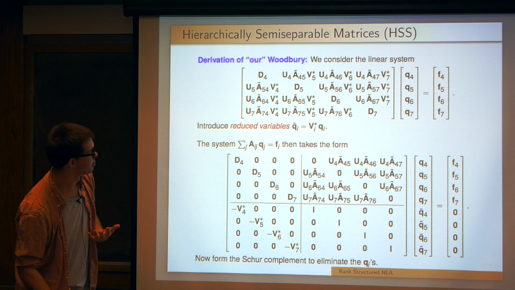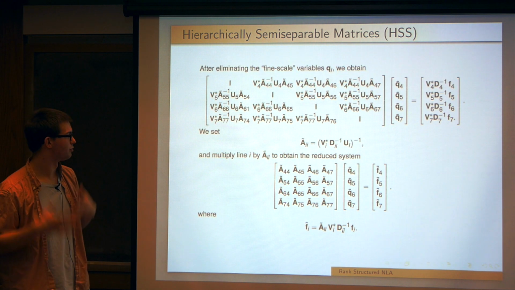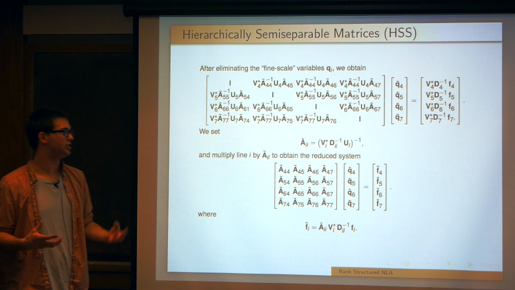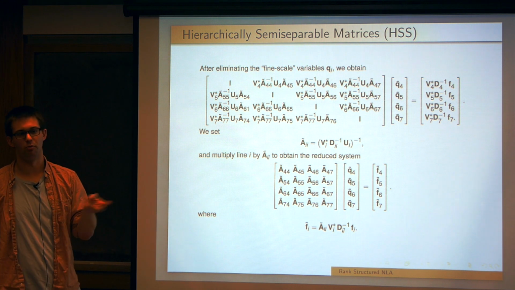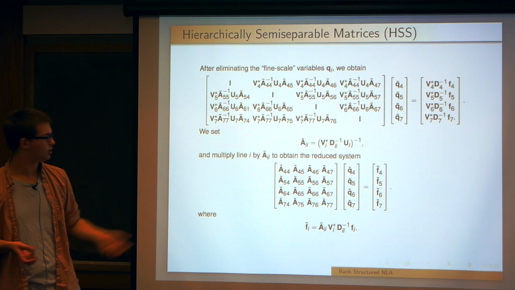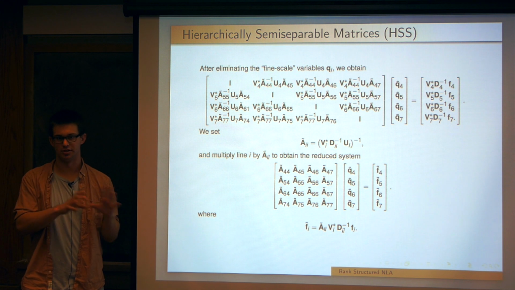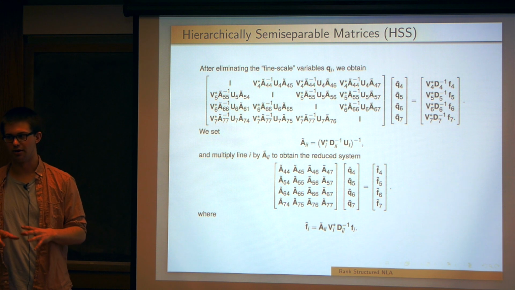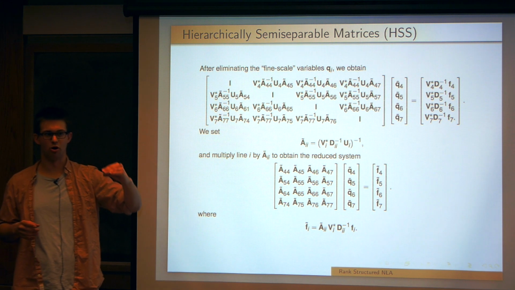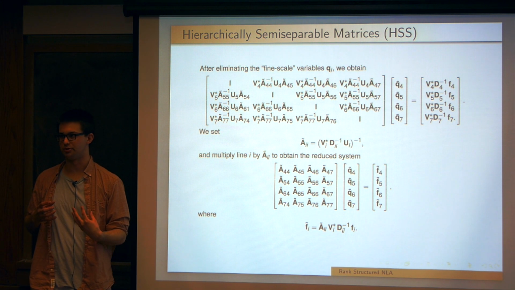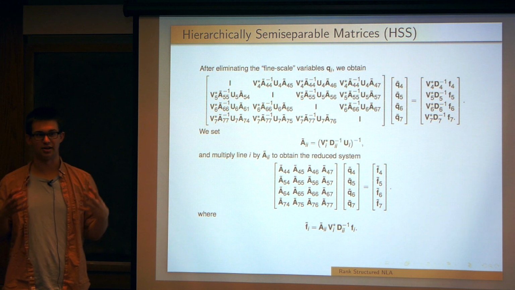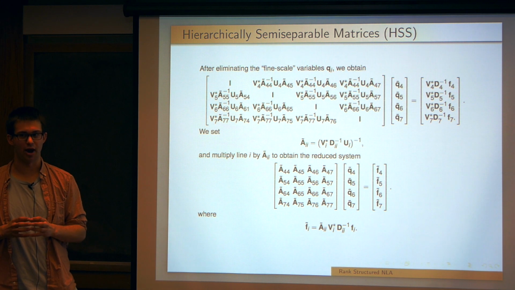What that gives us is that after we eliminate what's going on at the fine scale, this very simple, almost Woodbury-like formula gives us the inverse. So it is pretty immediate. Like I said, this is a toy example, but this common block row is very useful for practical computations, even if you're not nesting it. But in a second, I'm going to show you how we actually go about nesting it.